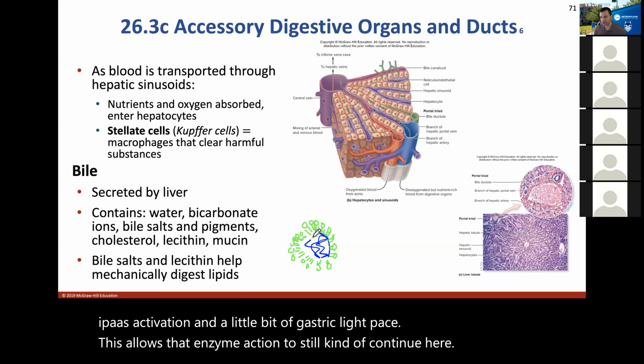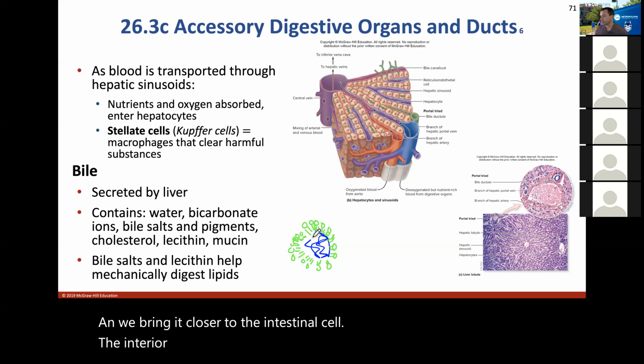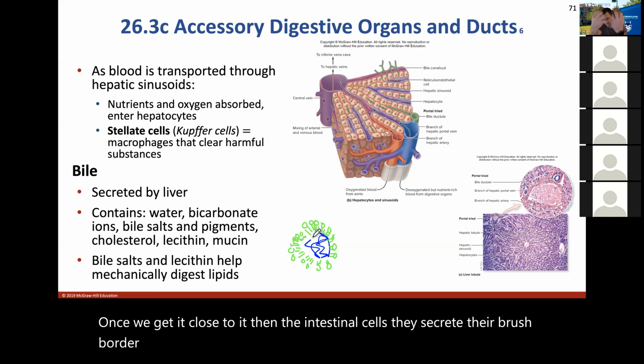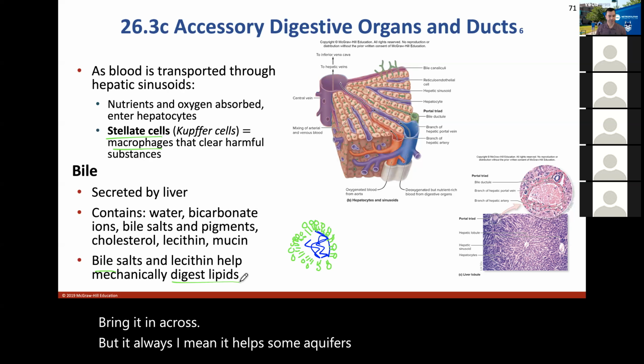And we bring it closer to the intestinal cell, the enterocyte. Once we get it close, the intestinal cells secrete their brush border enzymes and bring it in across. So bile helps digest lipids.